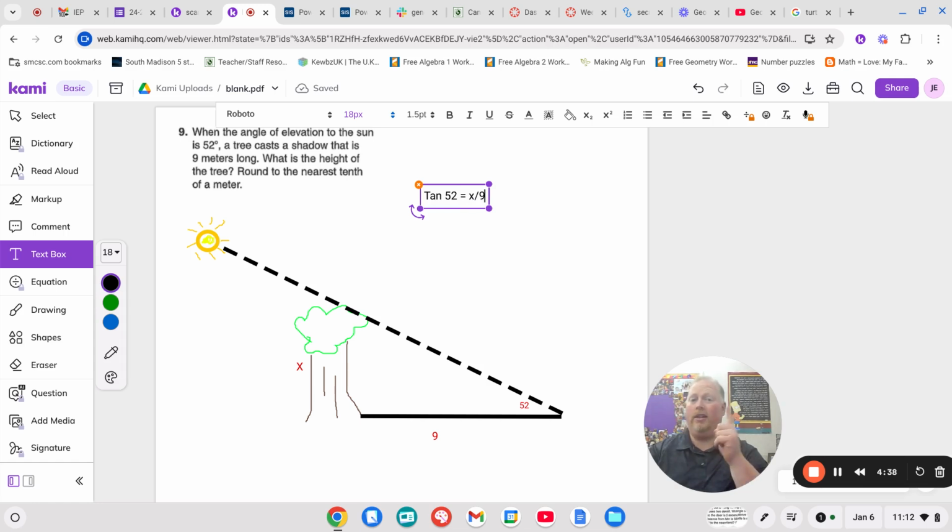Okay, so step 1 is draw the picture, put all the information in. Step 2 is to make the equation based off of that picture. And then step 3 is to solve it. So my variable is in the numerator, I'm going to multiply by 9 on both sides in order to get x all by itself. So 9 times the tangent of 52.